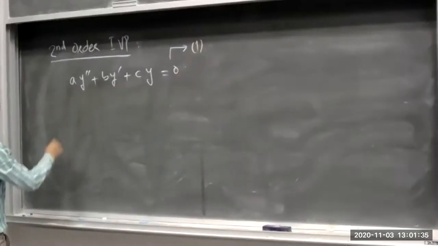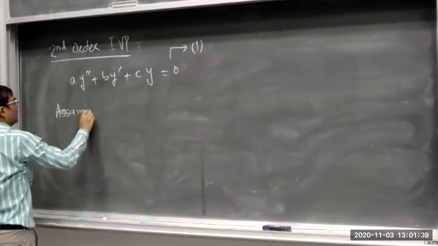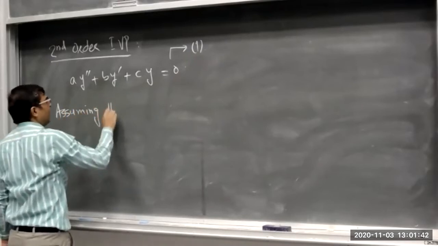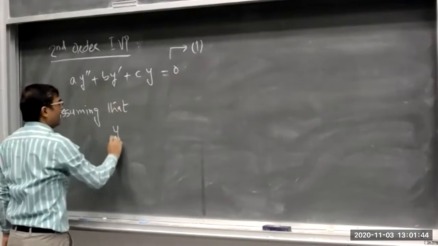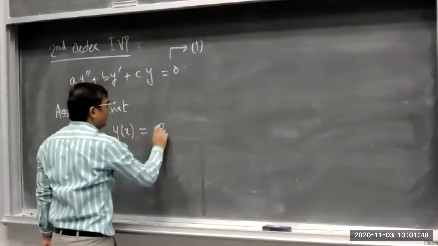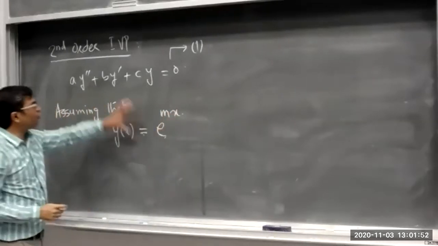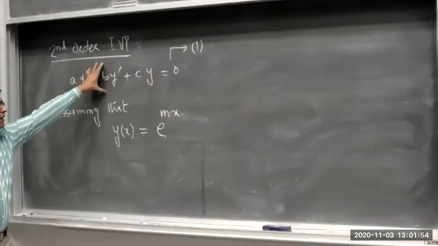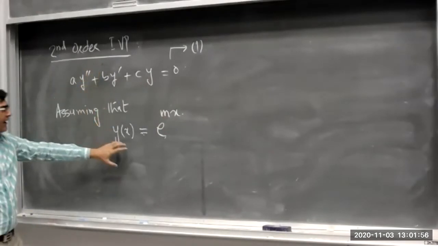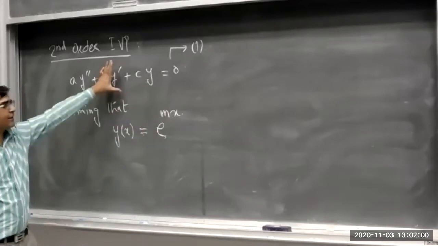We are assuming here that y of x is e raised power mx, the solution of this differential equation. We are assuming again कि ये जो expression है, exponential function, ये इसका solution है.